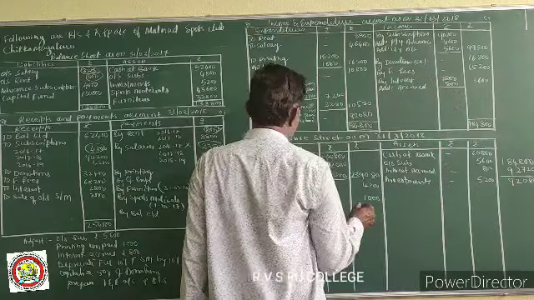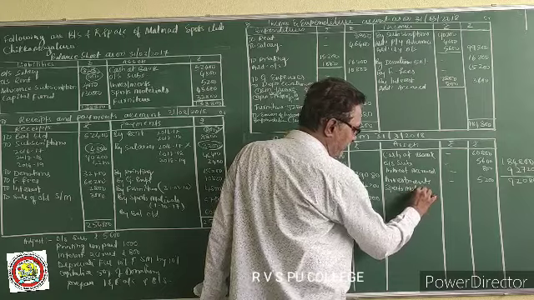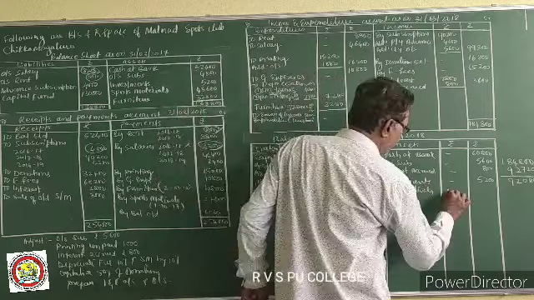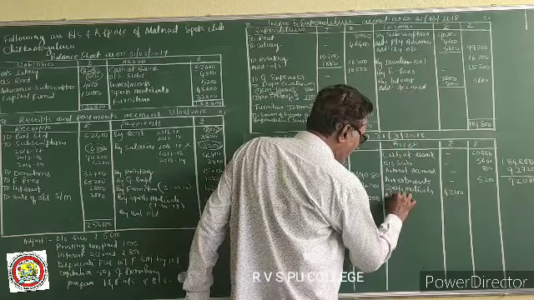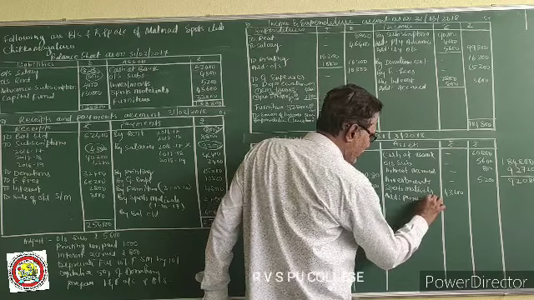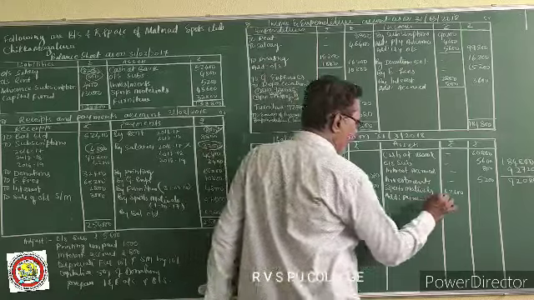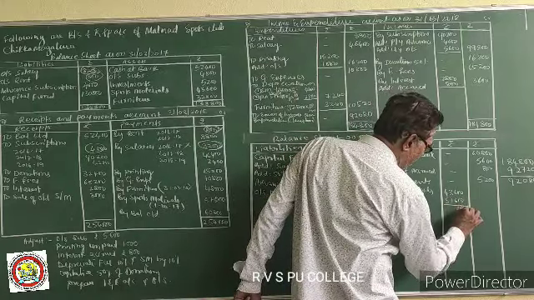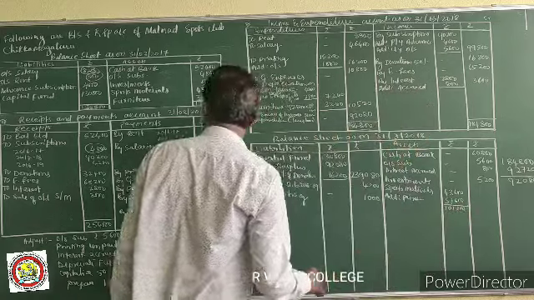Next is the sports materials. Important is the sports materials. So opening is 43,600. Add purchases. So purchase is 57,600. So 1,01,200.